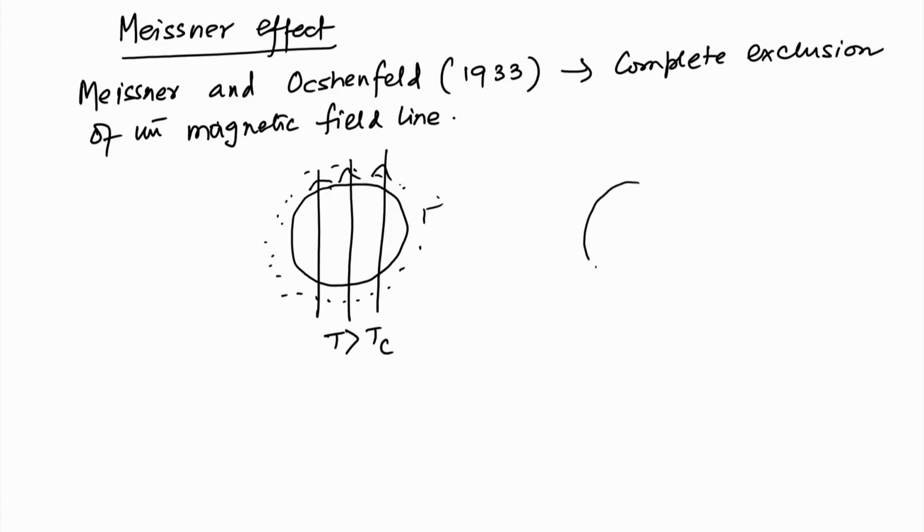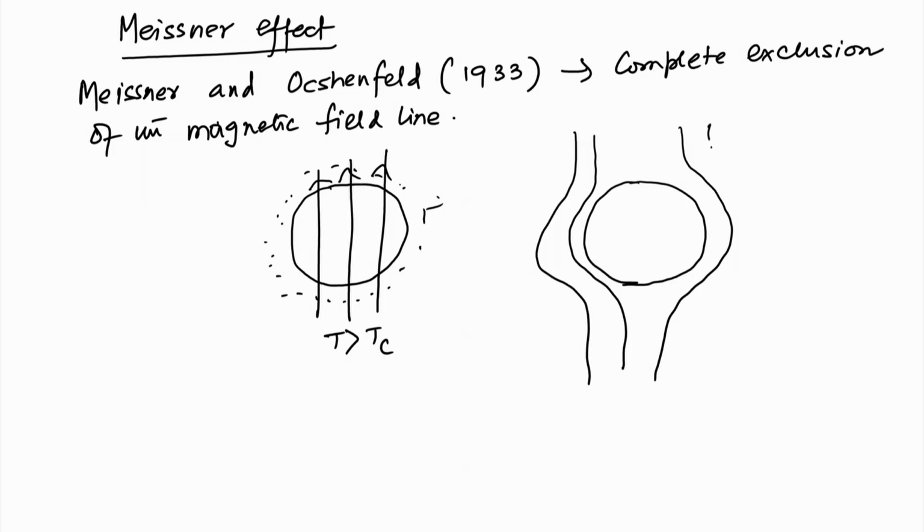Now as T goes below Tc, these flux lines, the magnetic field lines, are pushed out like this, and because of that the iron filings will nicely align around the superconducting sample. So, this is the tabletop experiment for seeing the Meissner effect, and it is seen for superconductors such as lead and tin and so on.